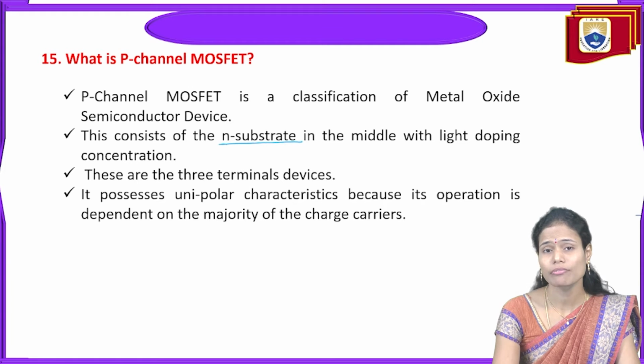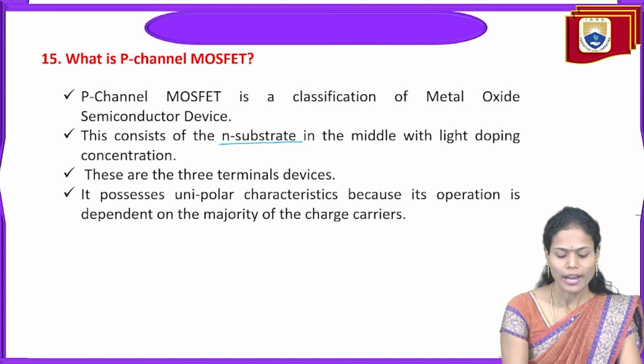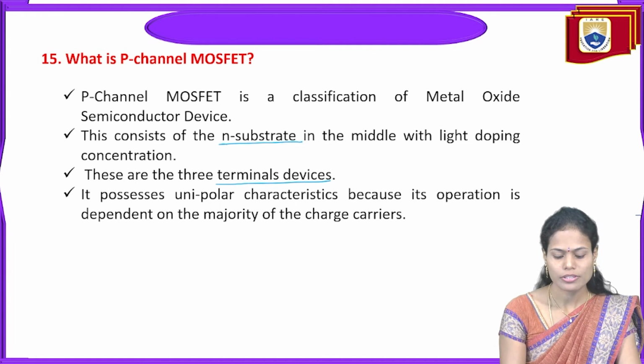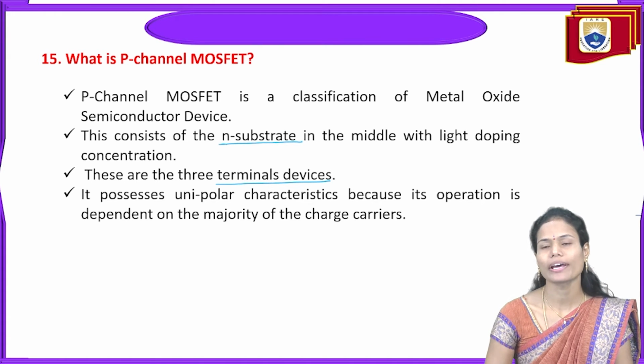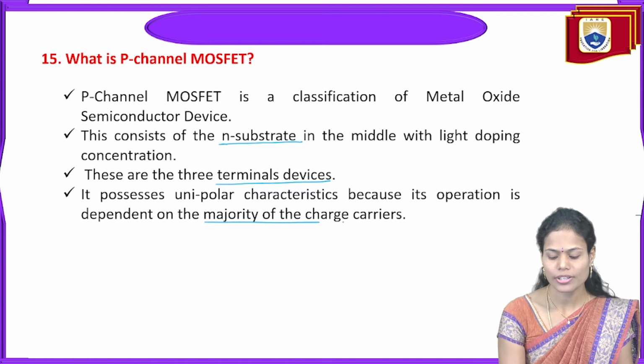I have already mentioned that whenever we design P channel MOSFETs, an N type substrate is utilized. It is also a 3 terminal device and a unipolar device, having unipolar characteristics because its operation depends upon the majority charge carriers, those are electrons here.